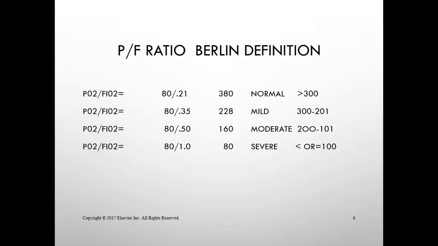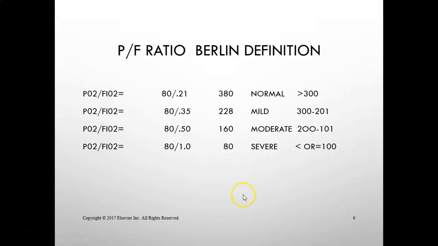Now, if you look at the AECC model, they consider this to be somebody who has acute lung injury. They don't go as far as to call this ARDS yet. So they reserve ARDS for these two categories. When it approaches these levels, then they say, okay, now we'll say you have ARDS.